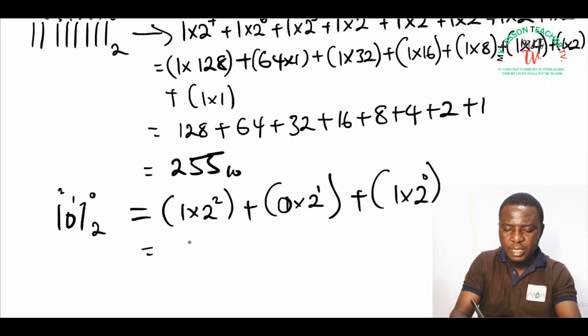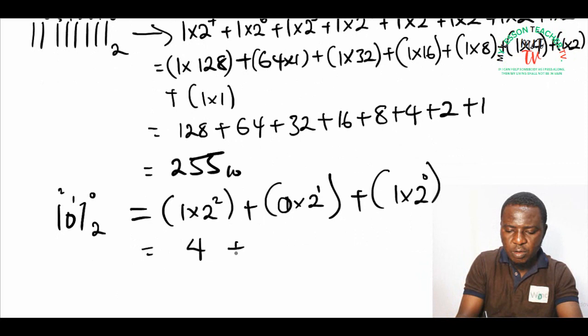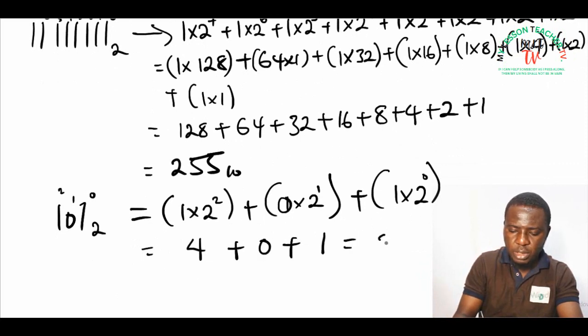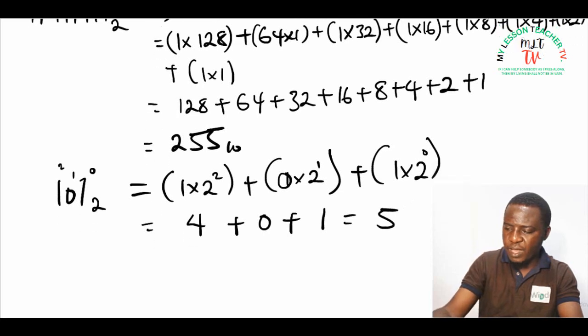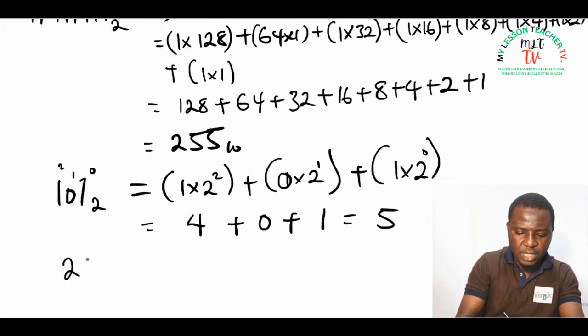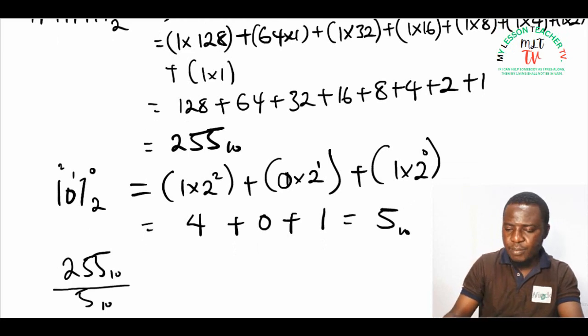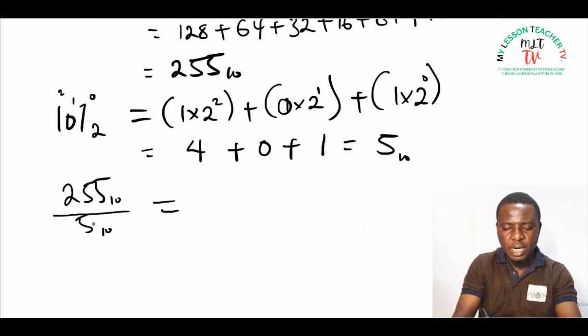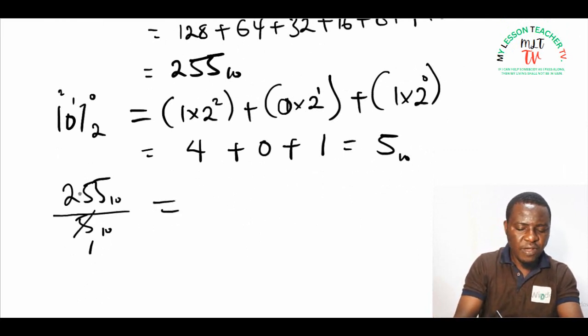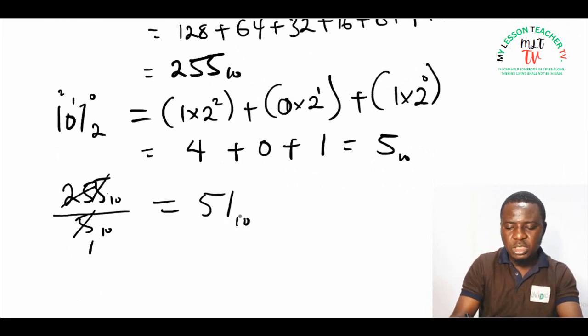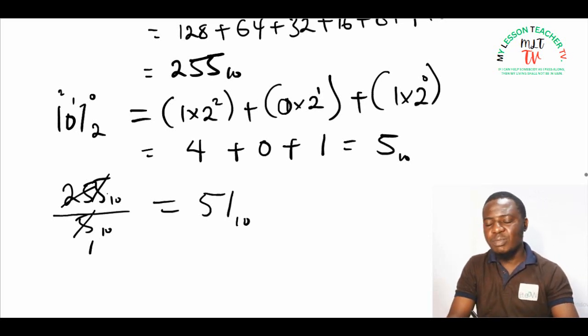So when you simplify, this gives us 4 plus 0 plus 1, which is equal to 5. So we have 255 base 10 divided by 5 in base 10. So do your division, and this becomes 51 in base 10.